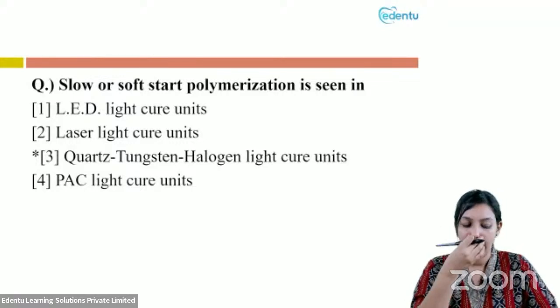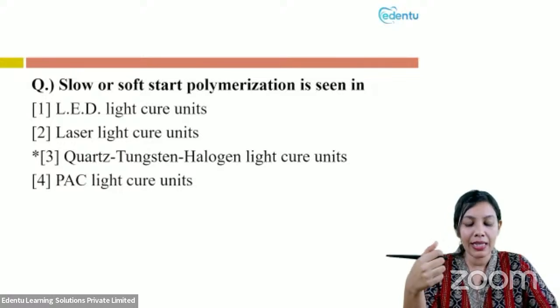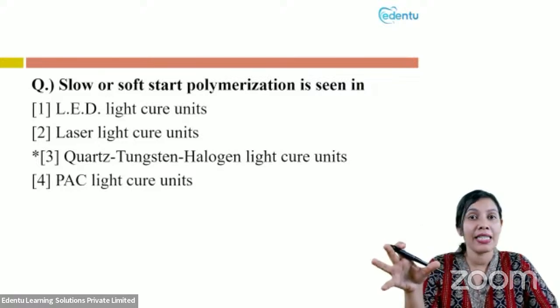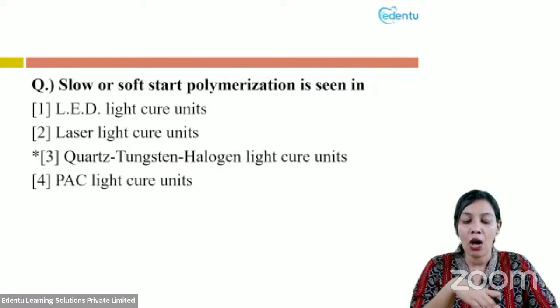There are various light units that we use for the methods to reduce polymerization shrinkage. As I explained earlier, soft start polymerization is applied with the help of a quartz tungsten halogen light unit.